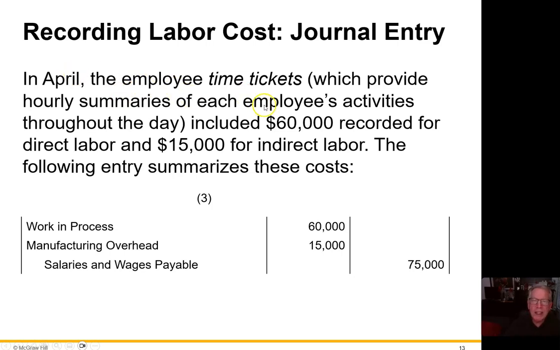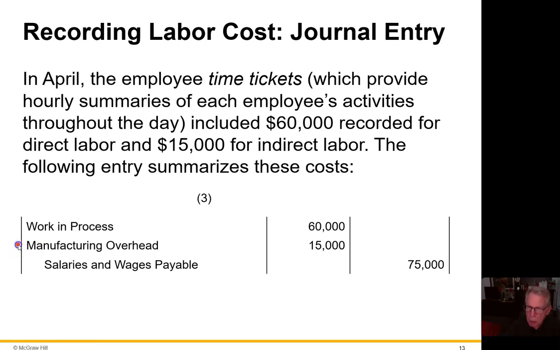Now in April, employee time tickets, which provide the hourly summaries of each employee's activities throughout the day, included 60,000 reported for direct labor and 15,000 for indirect labor. So we would record that in journal entry form with a debit to work in process, going directly to the jobs.